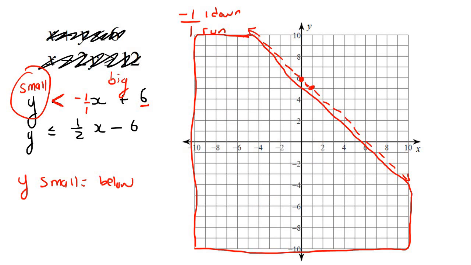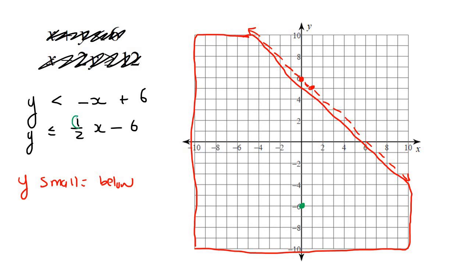Now we need to go do the second line. Okay, so this next line would have a y-intercept of -6, so that would be over there. And then it's got a rise of 1 and a run of 2. So we're going to go 1 up, 2 to the right, and then we'll put our little dot over there. Now this one has got a solid line, so we're going to put a solid line going through there and there.